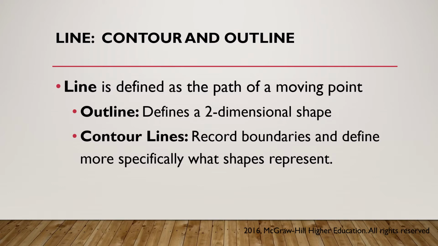I've always taught that contour lines are like coloring book pages. You see the outline, you've got where the arm meets or whatever. And so coloring book pages are a good way to remember what contour lines are versus the outline.